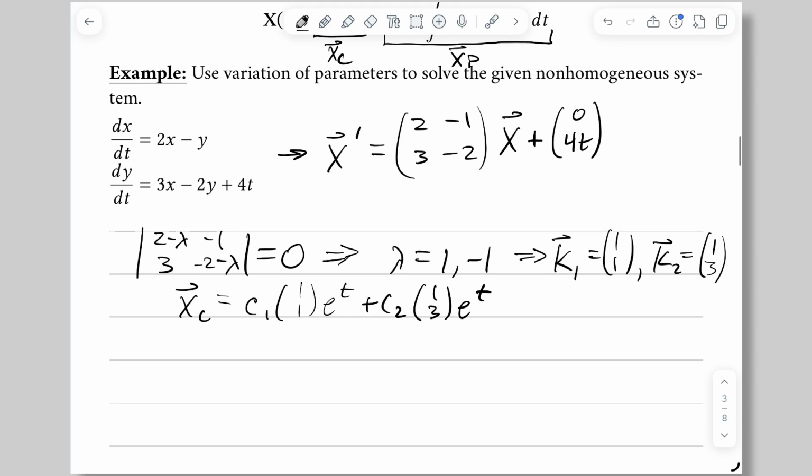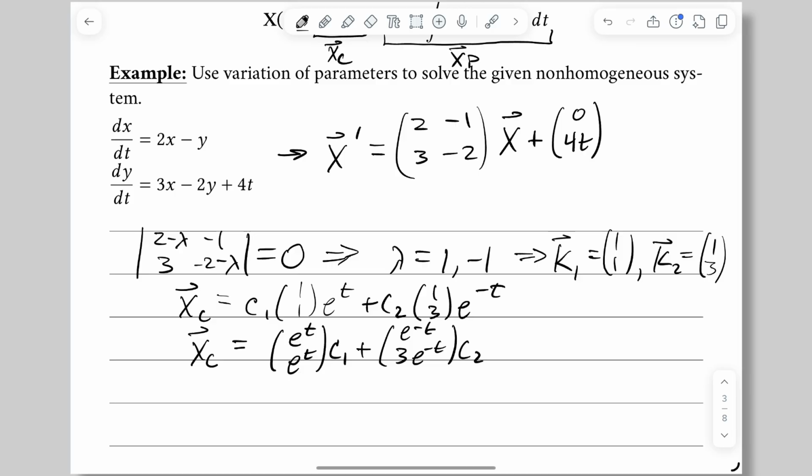We're now going to express this in a form so that we can identify the fundamental matrix. So x_c is equal to, I'll give you the step-by-step so we can follow along here, e^t times c1 plus, oh, that's negative t, my bad, 3e^(-t) times c2.